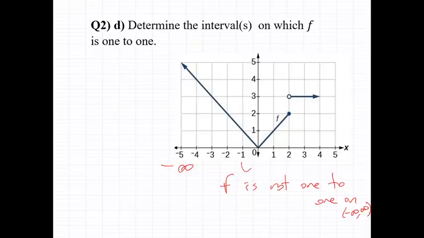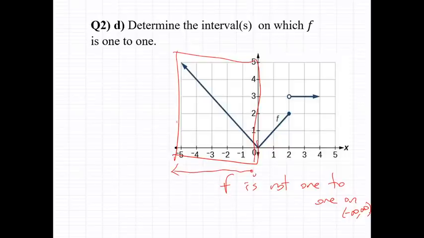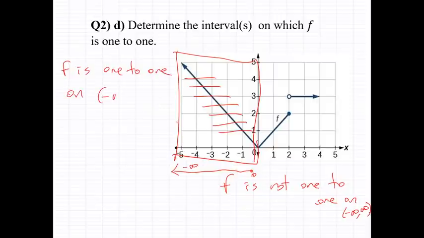But if you take this one here, if you take only this part, so it means from minus infinity up to 0. What do you say for this part only? So it's 1 to 1. So f is 1 to 1 on minus infinity to 0.